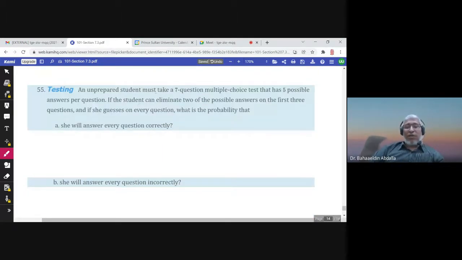An unprepared student must take a 7-question multiple choice test that has 5 possible answers per question: A, B, C, D, E. If the student can eliminate 2 of the possible answers on the first 3 questions, but not on the last 4, and she guesses on every question, what is the probability that she will answer every question correctly?